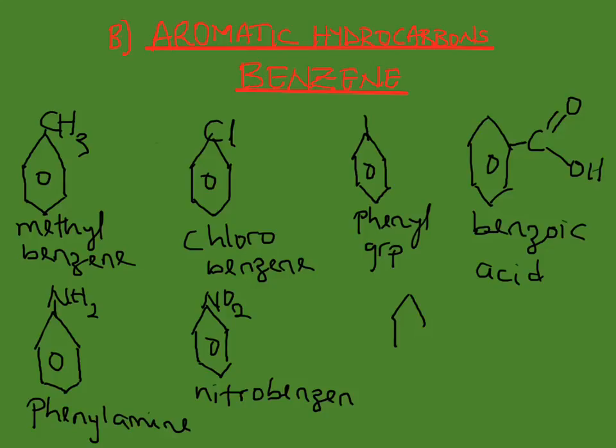For example, the first compound you see there, a methyl group is attached on the first carbon of benzene. That compound is known as methylbenzene, otherwise known as toluene.